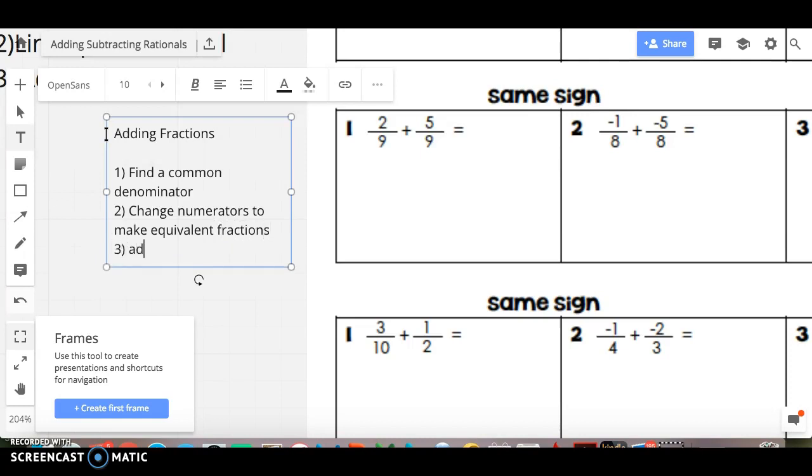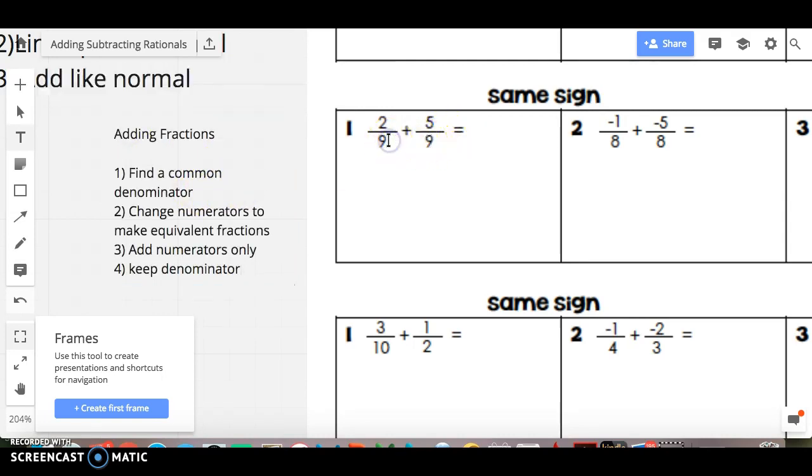Third, add numerators only. Fourth, keep the denominator.